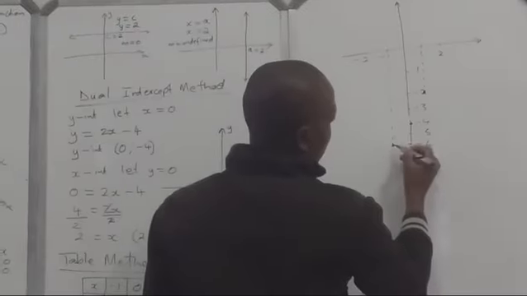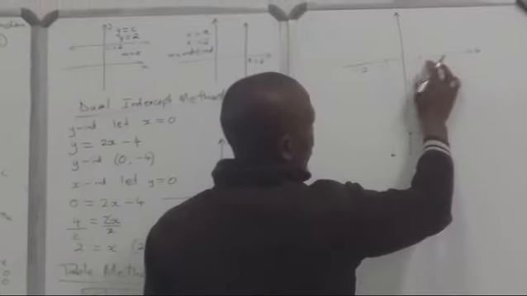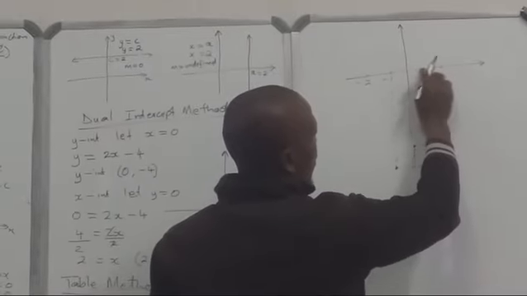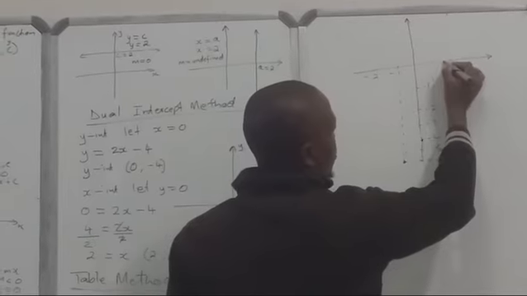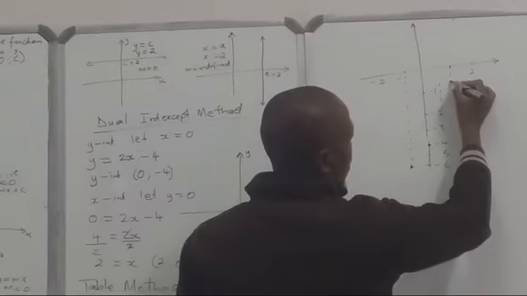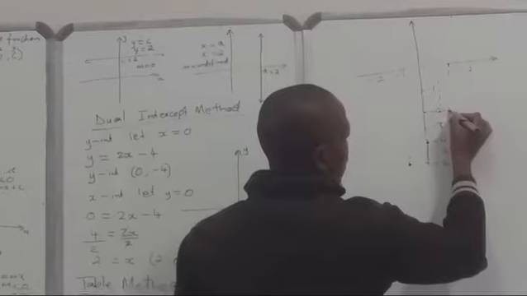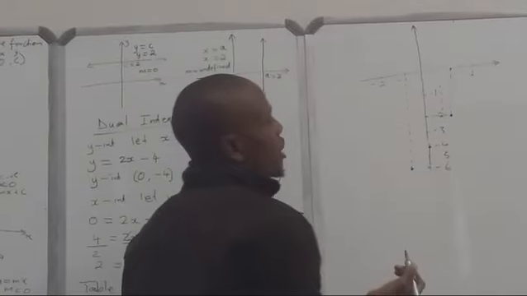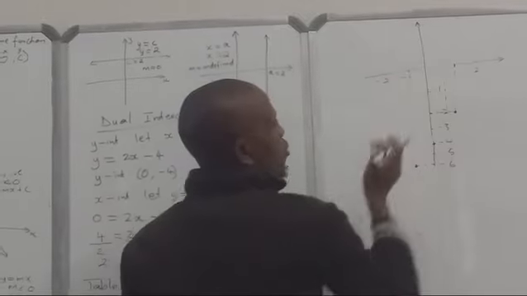Right? Well, my points are not giving me a straight line. Let me just put my 1 there and my 2 there, so that I get a straight line. For you to get a straight line, make sure your points are equidistant from each other.